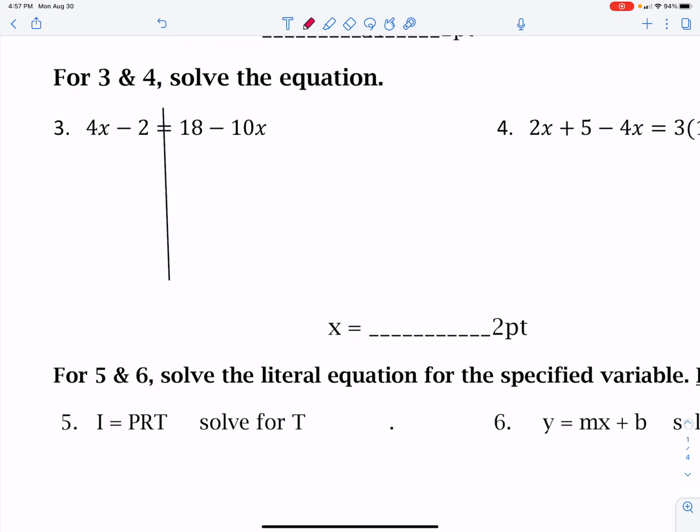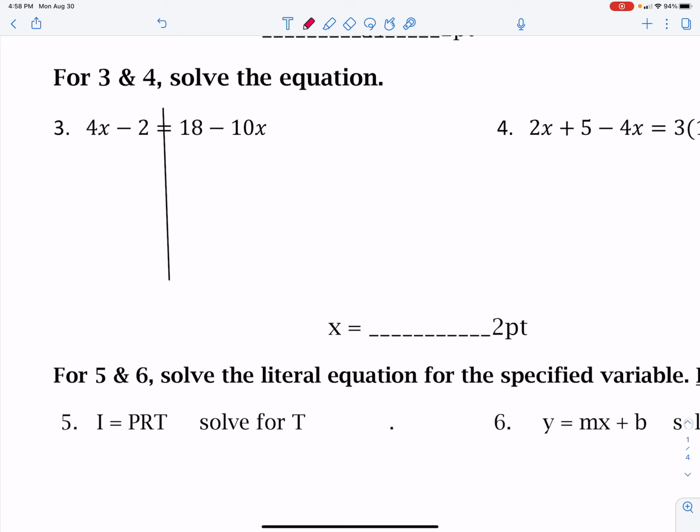So my next step is to look to see if I can get all the variables to one side. Okay. So I have 4x on the left side and negative 10x on the right side. I'm going to choose to move the smaller one of the two, and that is because it'll keep me from having to divide by a negative.